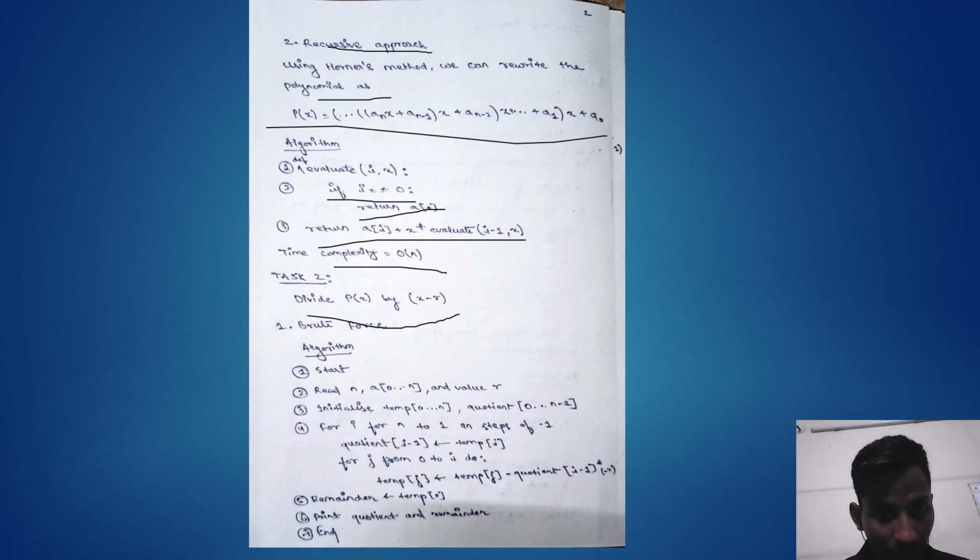Task 2: divide p of x by x minus y. Brute force approach algorithm. First of all, start, then read an array from n 0 to n, and the values are initialized. Temp is an array and also another array. Then we start a loop from i for n to i with a step of one, decreasing.